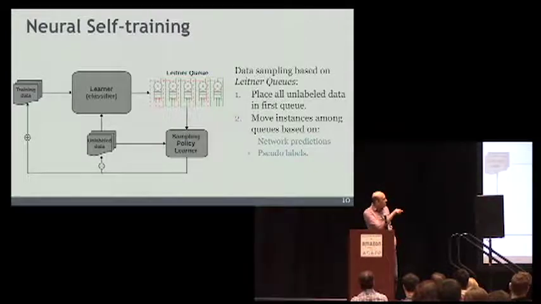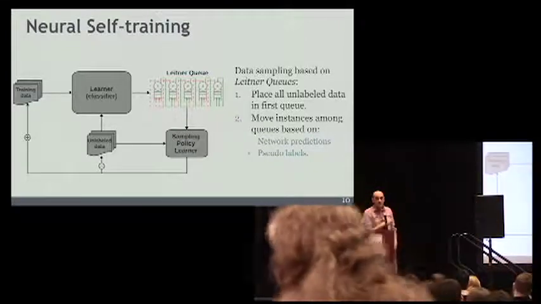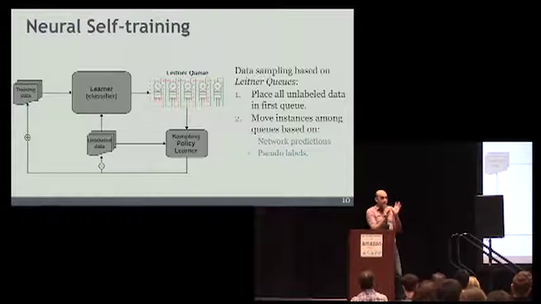So here we have a neural network that is trained using the current training data. The specific thing about the way that we use unlabeled data here is as follows. We place all the unlabeled instances in the first queue.